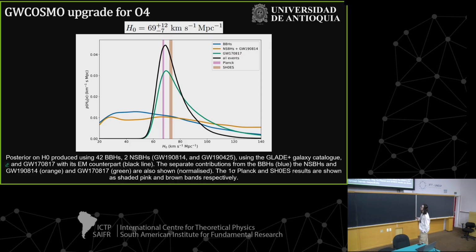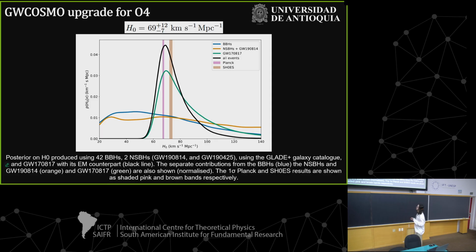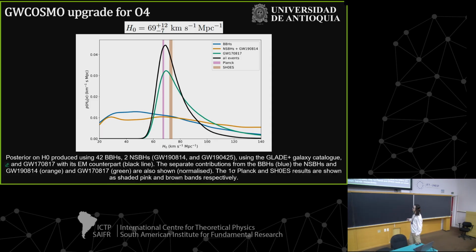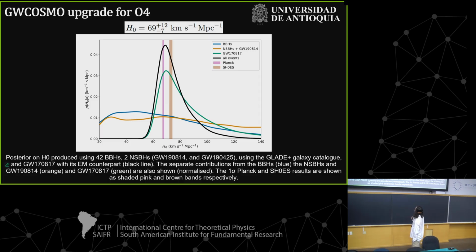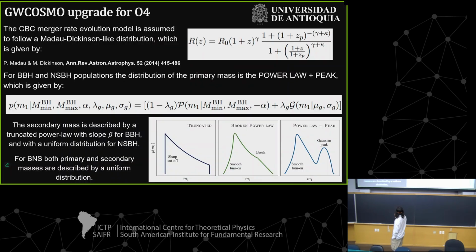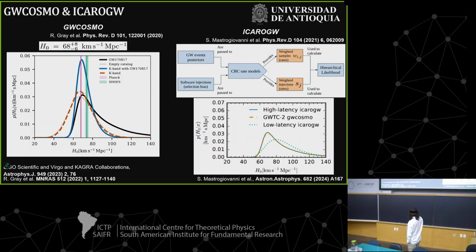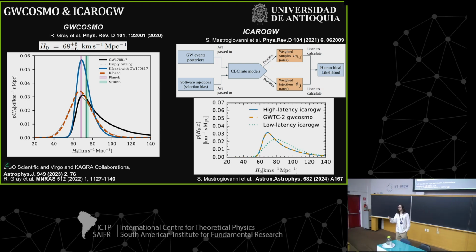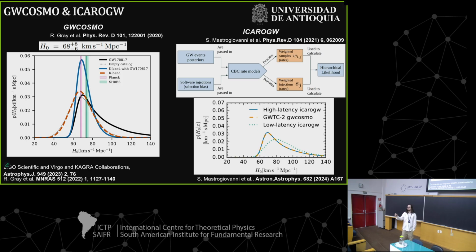Okay, and here is the marginalized posterior on the Hubble constant, using these events and also using the GLADE+ galaxy catalog information, and also the bright siren with its counterpart. And the key difference between this plot and the one that I was showing you earlier is that in this case, the population was fixed to some specific values.